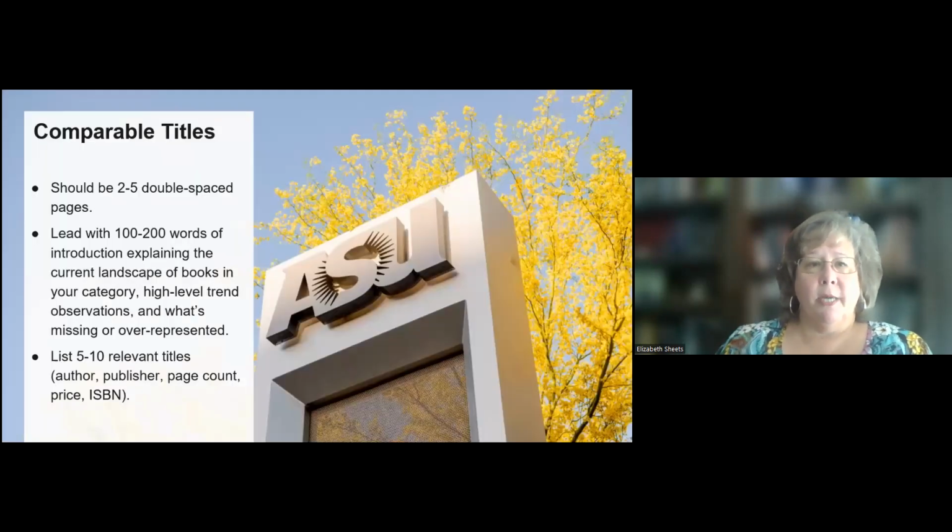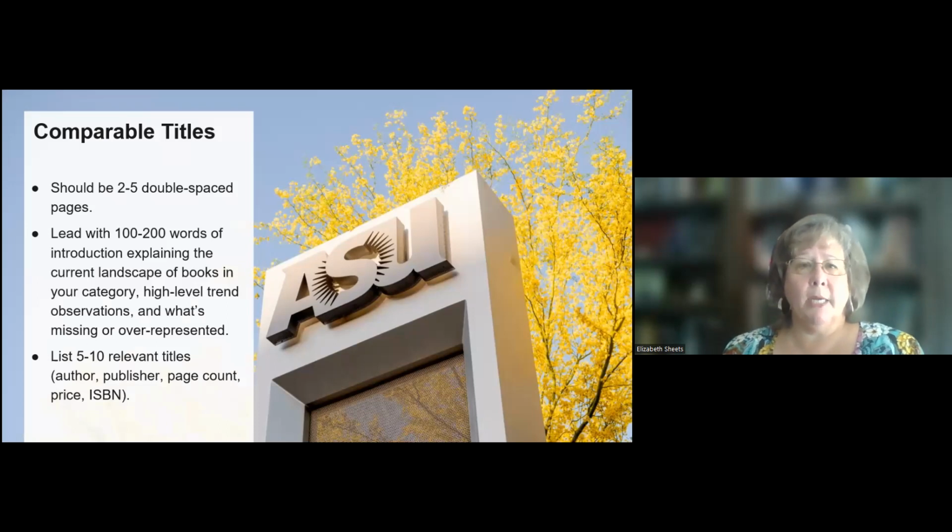And once you've established your target audience, then you can start thinking about competition. So the comparable titles section of your proposal will consist largely of the authors and or books that you imagine would be sitting next to your book on a shelf at Barnes and Noble.